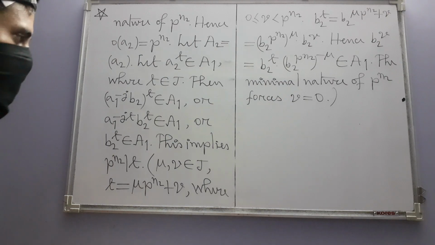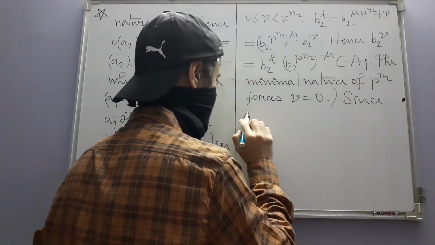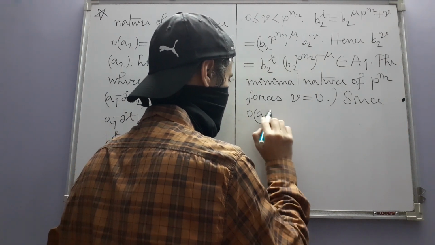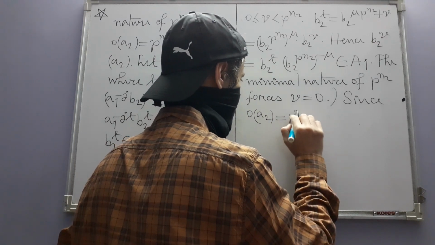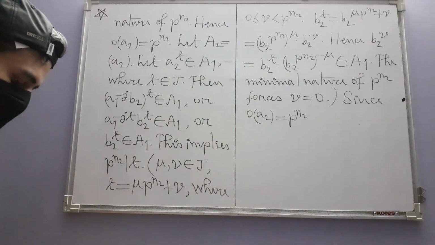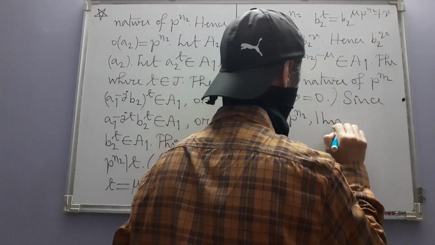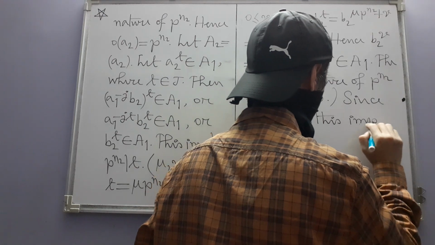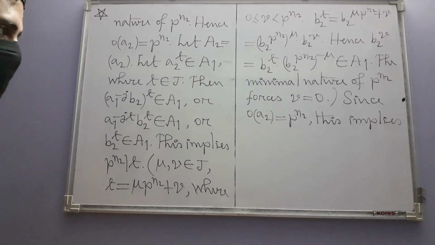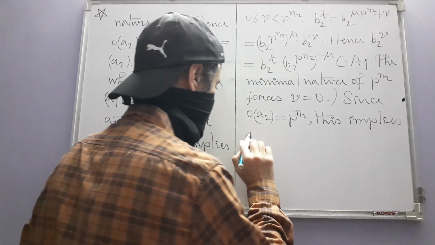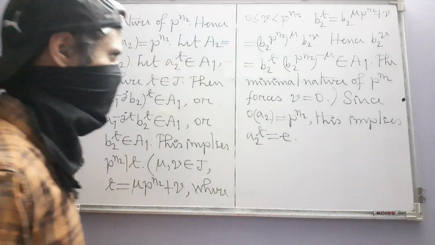Okay. Now let us continue. Since order of A2 is equal to p to the power n2, this implies that the tth power of A2, that is, A2 to the power t, is equal to e.